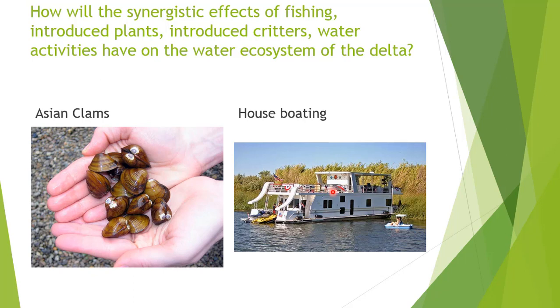Houseboating. One of the big draws to this area in the summer is houseboating, where people can come and rent a houseboat, and they do water activities with gasoline-powered machines, where they're out in their paddle boats. Because of these activities, they like to keep the delta clean, and so people tend to get rid of other species like the water hyacinth by spraying it or chopping it up, so that there can be an economy for these houseboats.